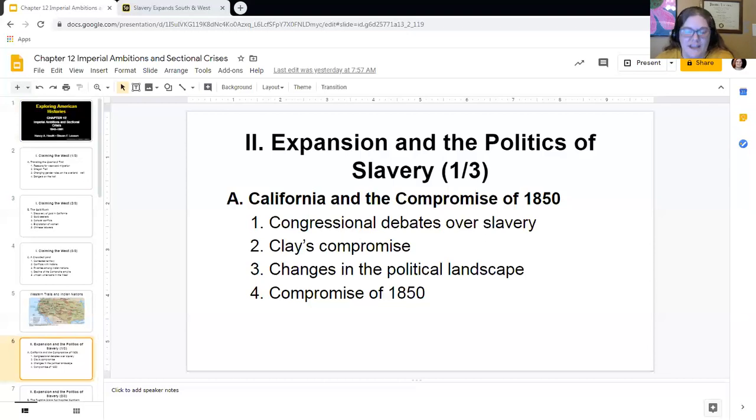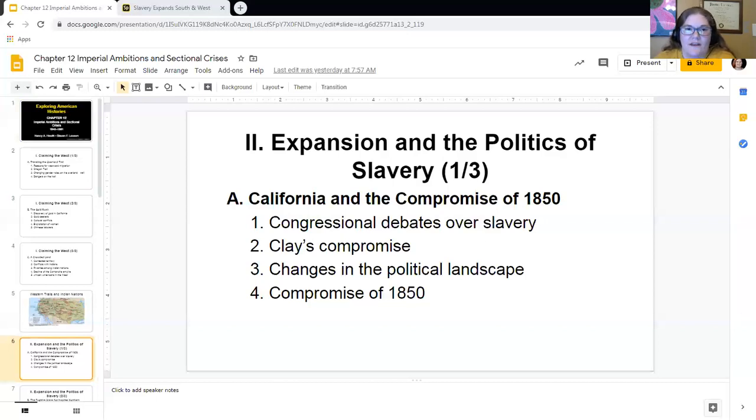So those changes in the Senate, as well as Fillmore's support for the measure, allow this compromise to be pushed through Congress. And the passage of this, again, we're admitting California as a free state.